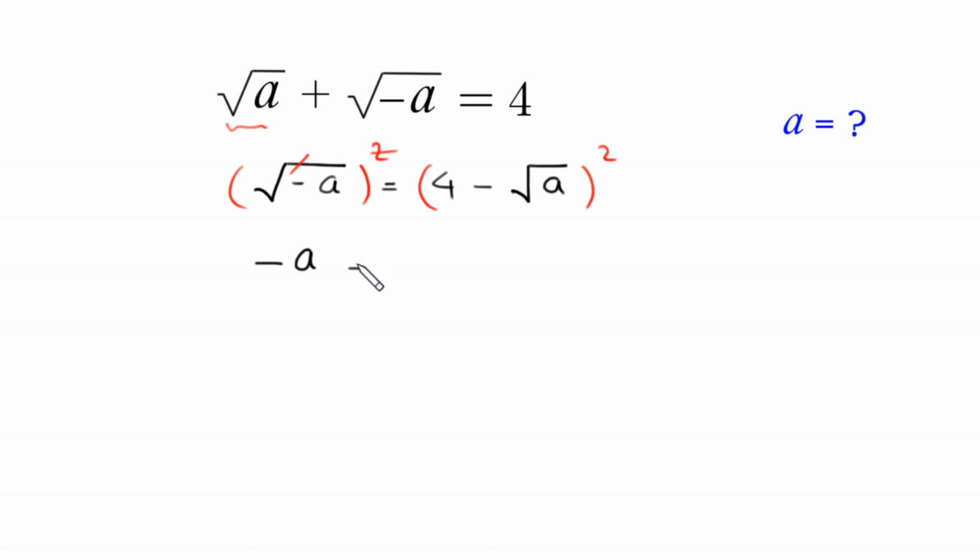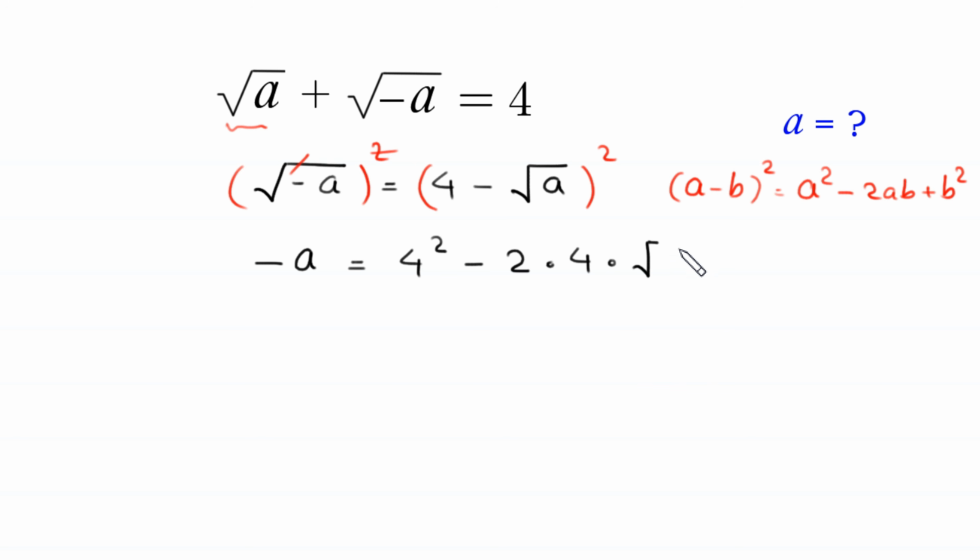a is equal to, by using this property, (a minus b) whole squared is equal to a squared minus 2ab plus b squared, this (4 minus square root of a) whole squared will become 4 squared minus 2 times 4 times square root of a plus square root of a squared.